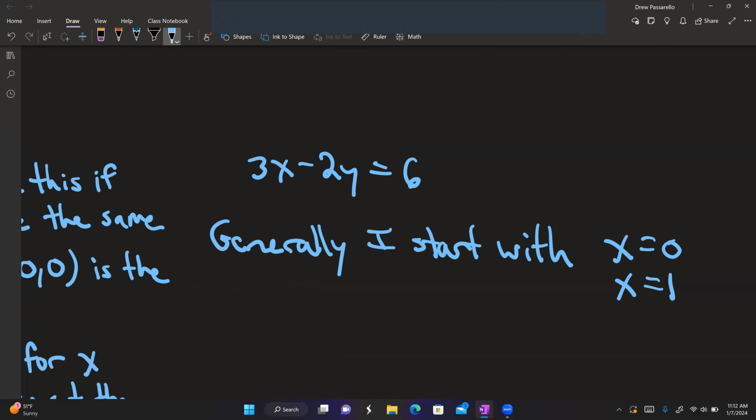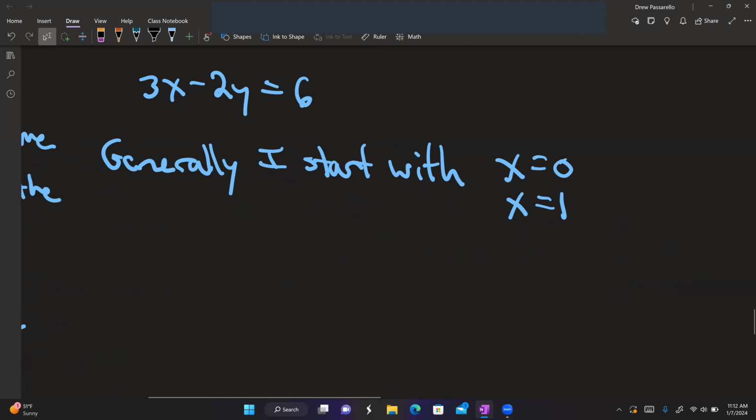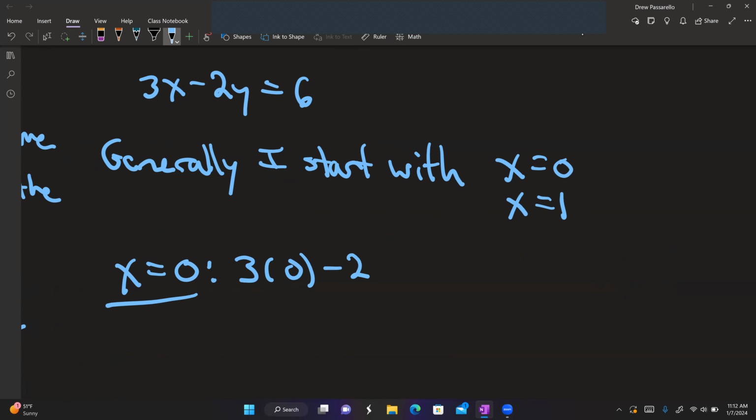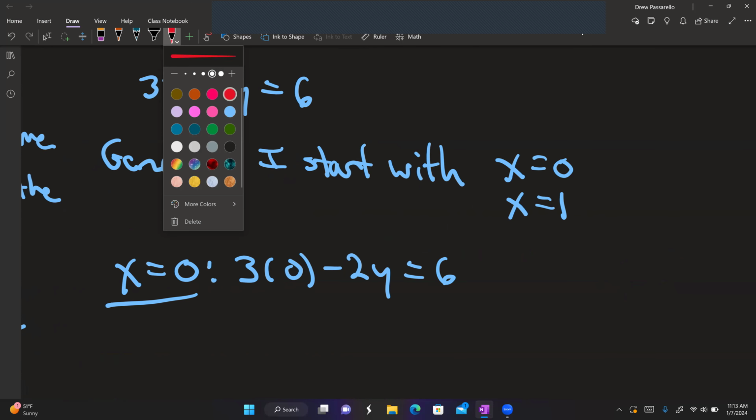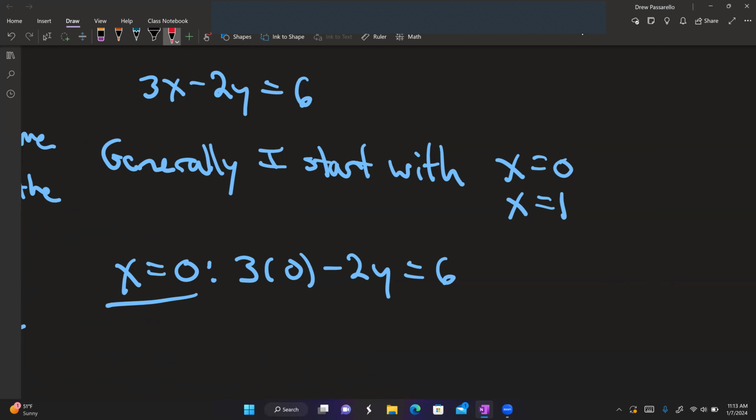Now, luckily, we've already done the case when x is 0 because that is the actual y-intercept, but let's say you don't know what a y-intercept is, then you could just pick a value for x. So let's say we plug 0 in, and then I'll get 3 times 0 minus 2y equal to 6. We did this before in the first method. 3 times 0 is 0, that goes away.